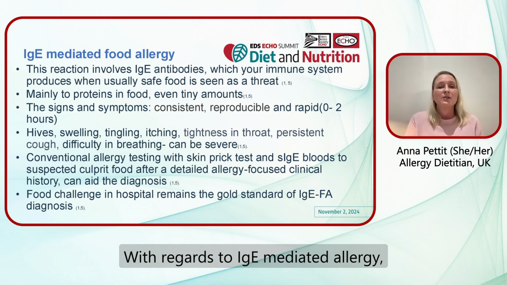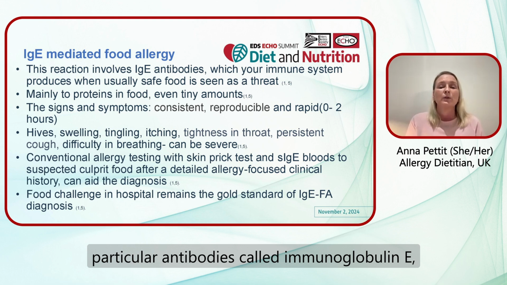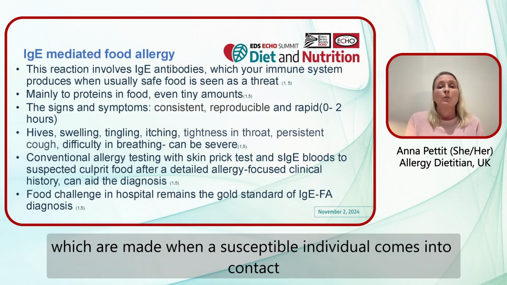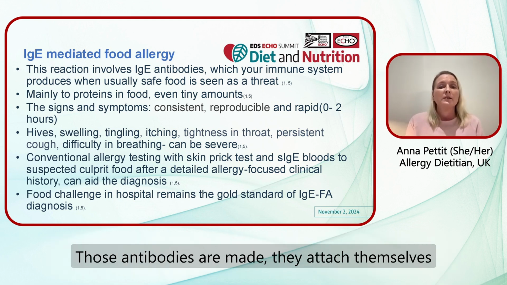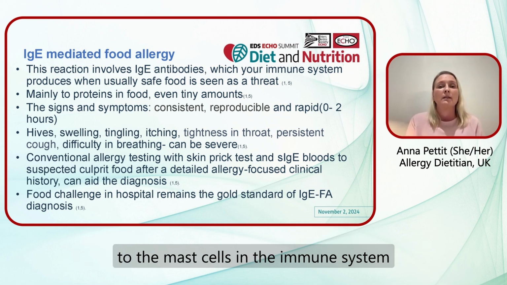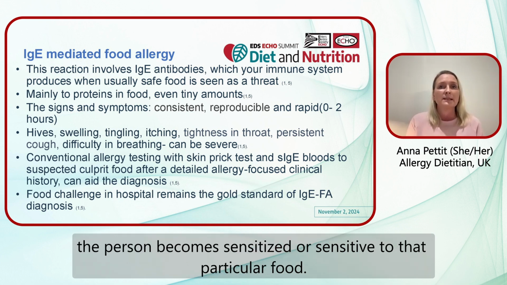So with regards to IgE-mediated allergy, this reaction involves antibodies, particular antibodies called immunoglobulin E, which are made when a susceptible individual comes into contact with foods which are usually considered safe. So those antibodies are made, they attach themselves to the mast cells in the immune system, in a process called sensitization, so the person becomes sensitized or sensitive to that particular food.